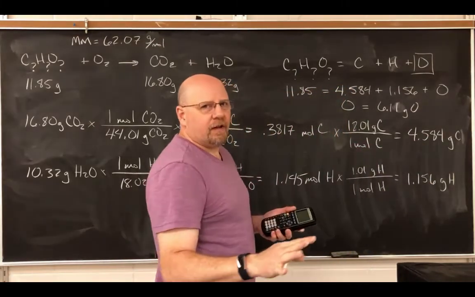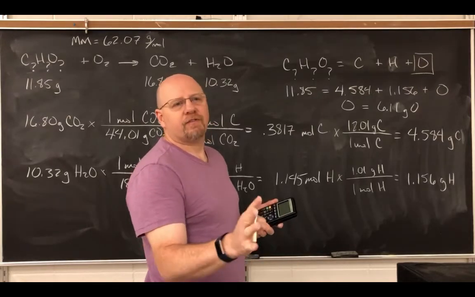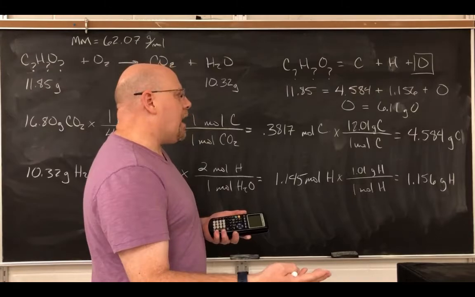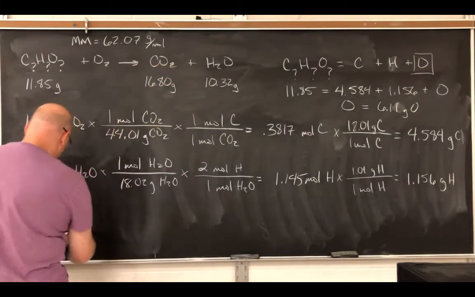I'm not going to go into details of the why, but it has to deal with the significant digits and addition and subtraction. We do that so few times, I'm not going to worry about it. So all we need to do now is take that 6.11 grams, convert it to moles.